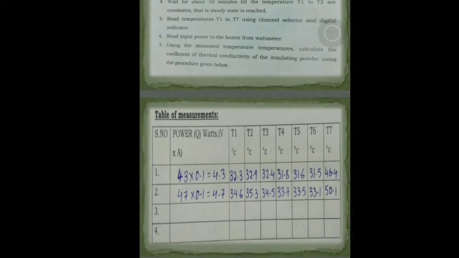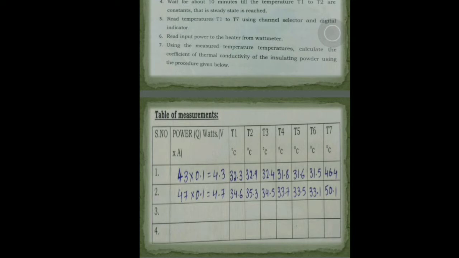Then the next step is to note down all the readings in the observation table, which consists of the power, that is the product of voltage and current, and then the temperatures from T1 to T7. T7 is the inside temperature, and the outside temperature is calculated from the summation of T1 to T6, that is the average.